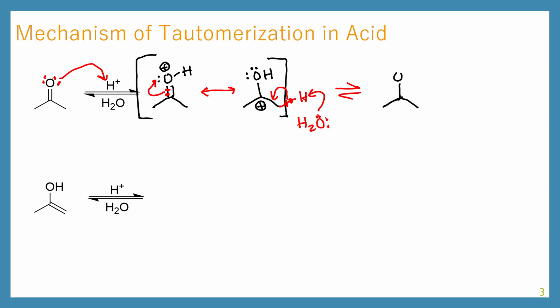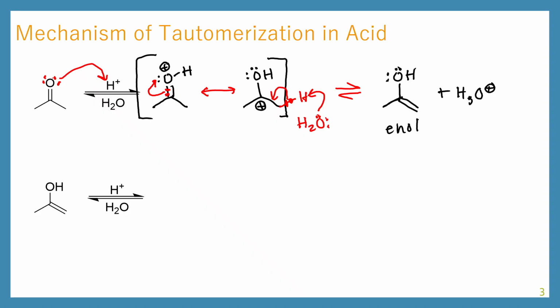So that we end up with our alcohol and our alkene touching the same carbon, our enol form. We also end up making an equivalent of hydronium, which is okay because those were our conditions initially.